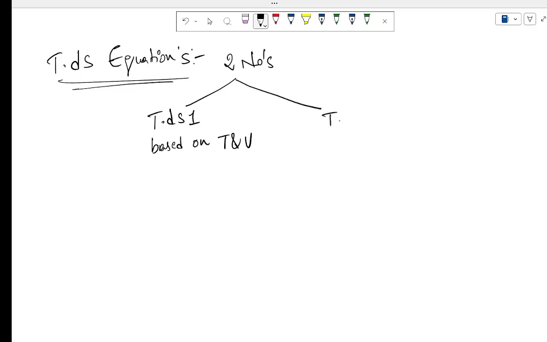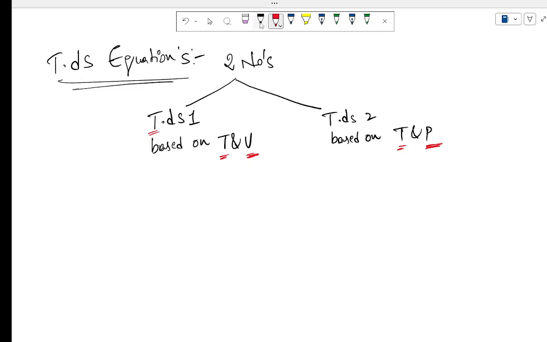And you have TdS equation 2, TdS2, which is based on temperature and pressure. So you understand the difference here. In both, temperature is common, but in one you will have volume, in the other you will have pressure.